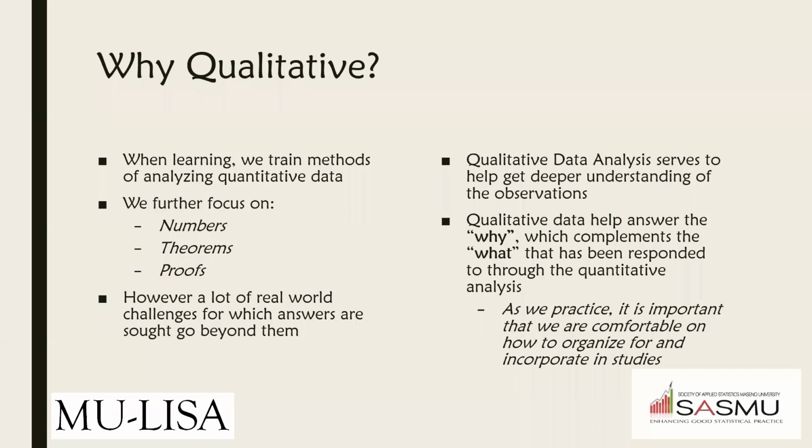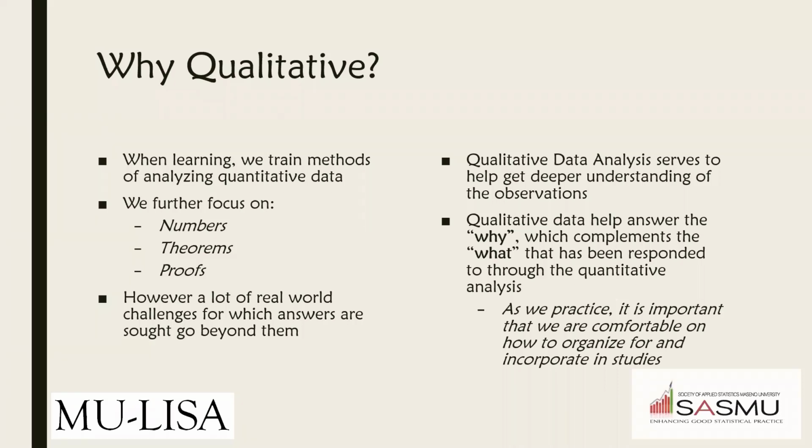And this calls for people to understand why we need to really look into the qualitative data and think of methods of analyzing it. This kind of analysis helps people to get a better understanding of the figures they have in their analysis.